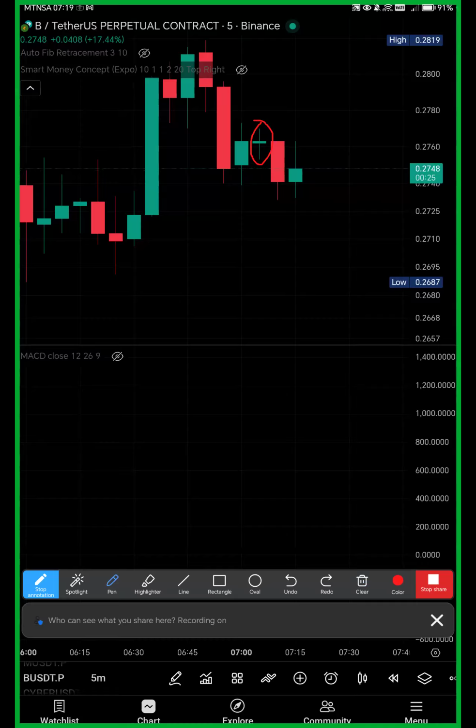That's what I'm trying to establish in this segment, saying that candles may be long, they may be short.